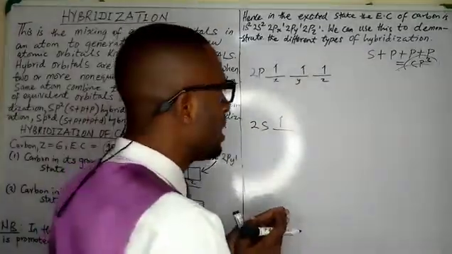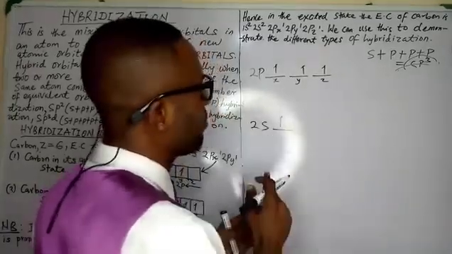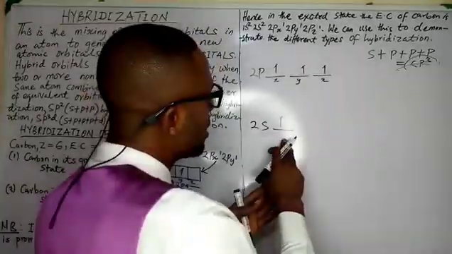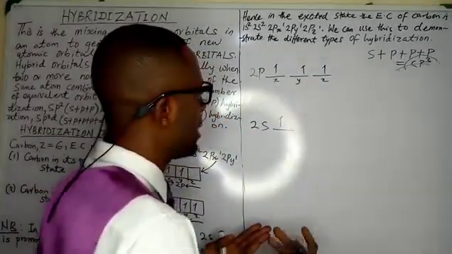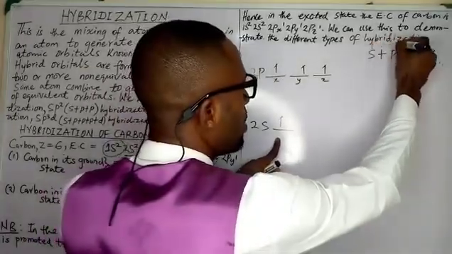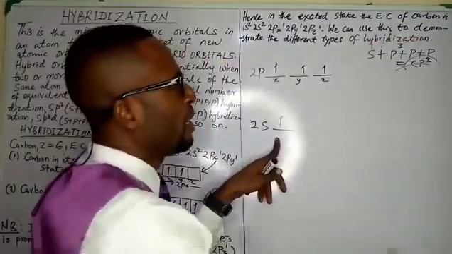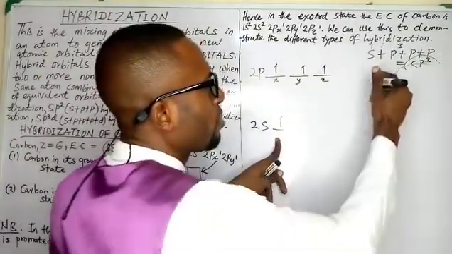But the question is, in terms of energy level, is this hybrid orbital going to be closer to the s orbital or closer to the p orbital? Your guess is as good as mine. If you look at it, you discover that this is 1:3. We have one s orbital, but three p orbitals.